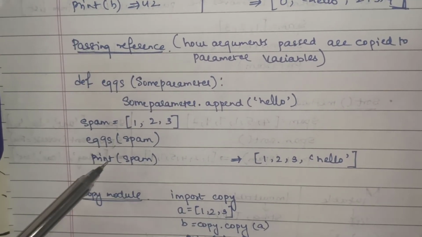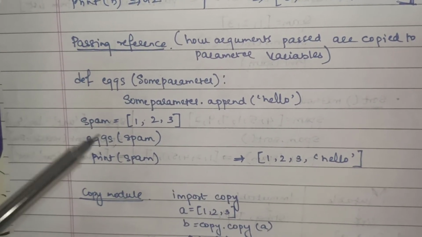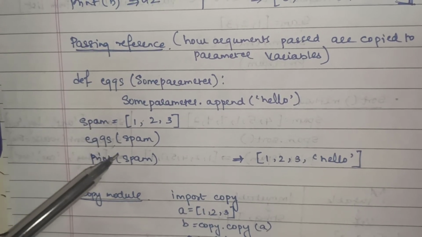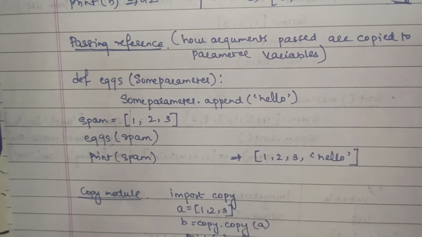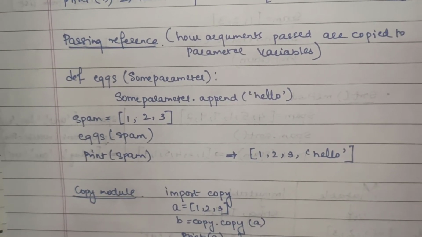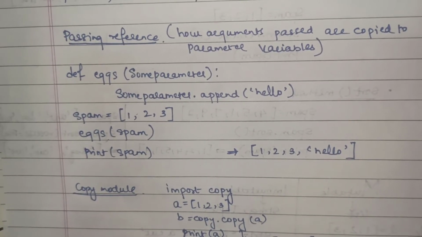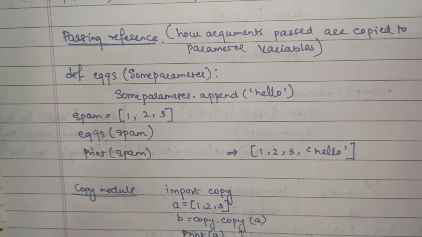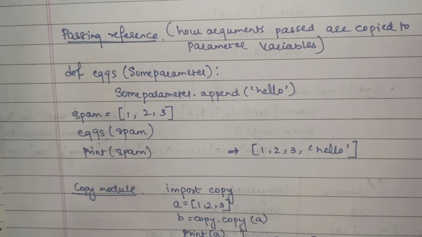When you print spam, it will print 1 2 3 and hello, because here we are dealing with a list. As in the earlier concept of lists, where references change, if you change the elements present in the list, both the variable and the list will be affected. So that is what happens in a list.